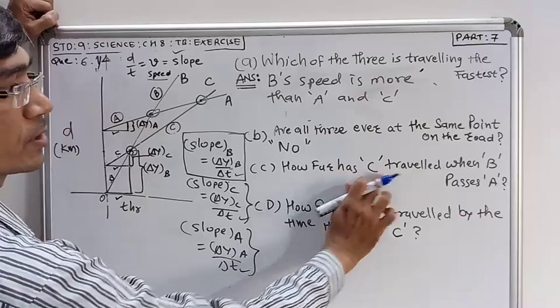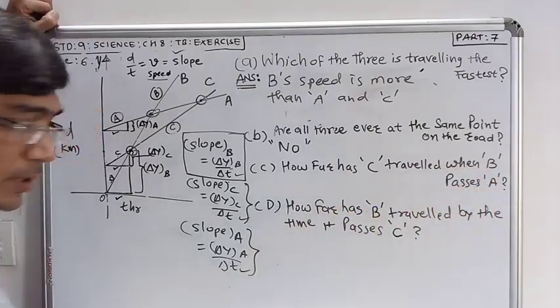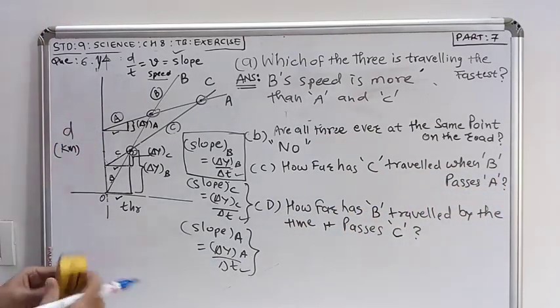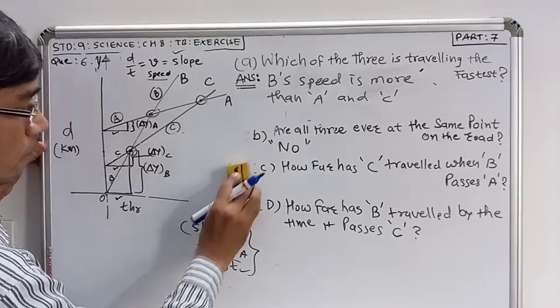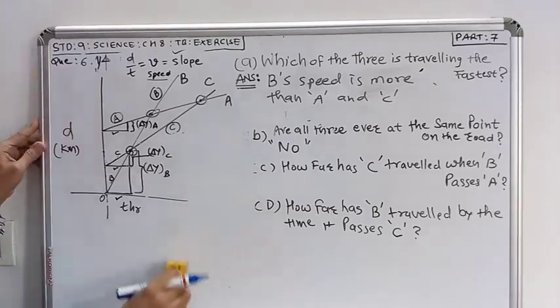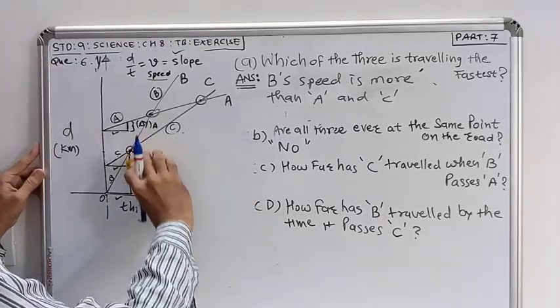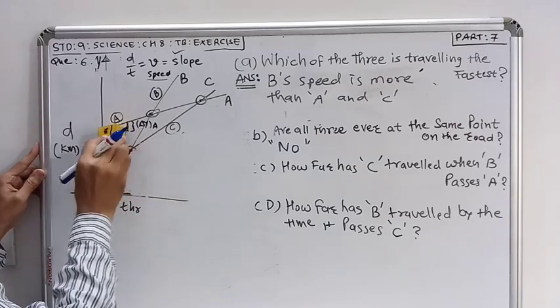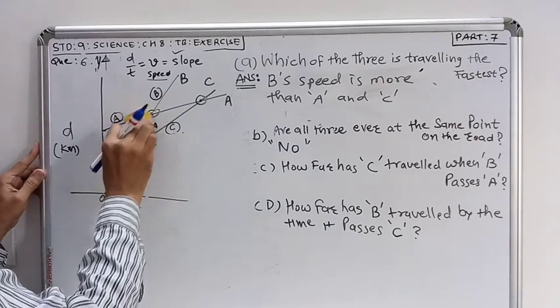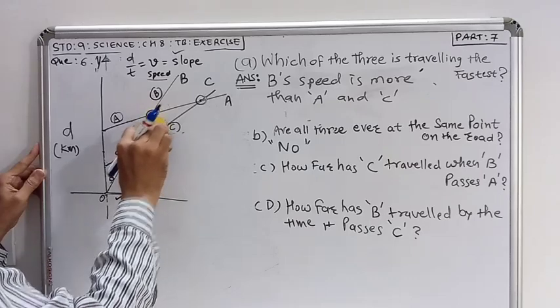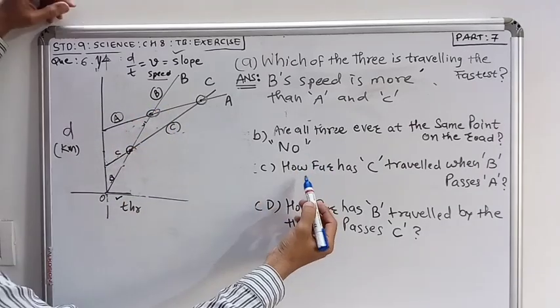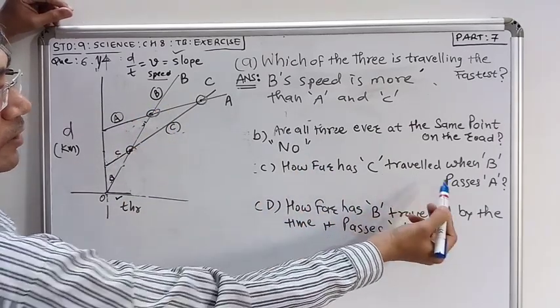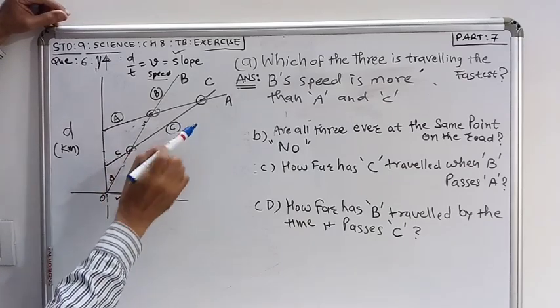How far has C traveled when B passes A? So here, when B and C meet each other, let us take this graph. See in the graph, how far has C traveled when B passes A?